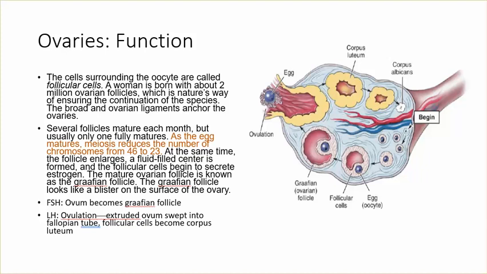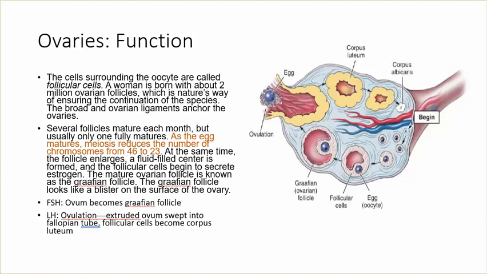And when the oocyte has finished the first part of meiosis, meiosis 1, and gets to 23 chromosomes, we now call the follicle the secondary follicle. Now, it's going to continue to grow, and the egg is going to continue to mature, and it's going to almost finish meiosis 2.